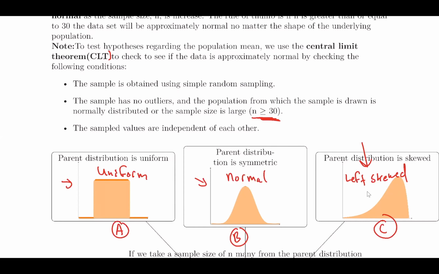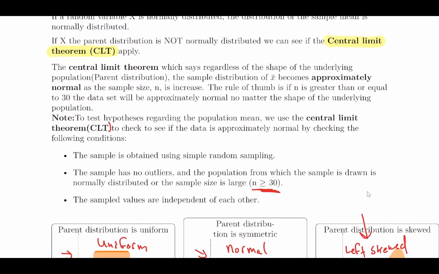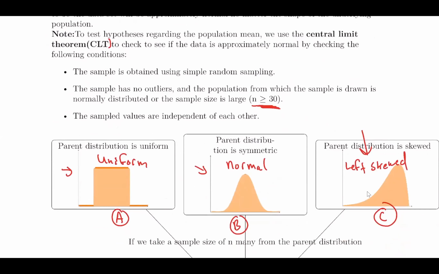All right, so if you remember, if we go back up here, if you read right here, it said if X, the parent distribution, is not normally distributed, we can see if the central limit theorem applies. So if I look at B, is B not normal? So you're telling me B is not normal. Yeah, so B is normal.